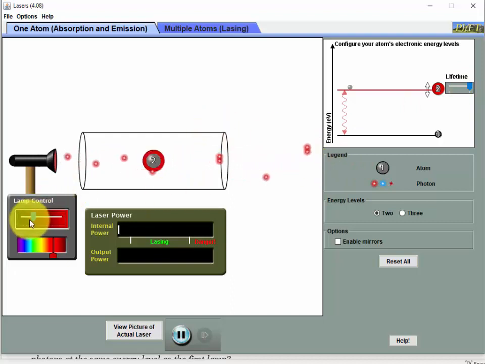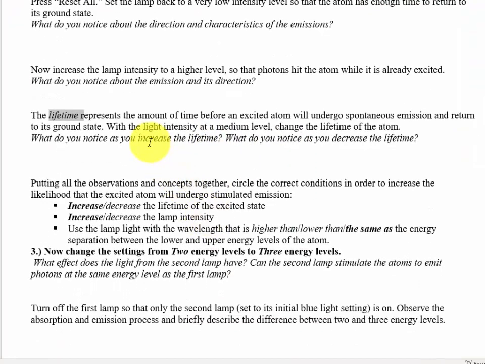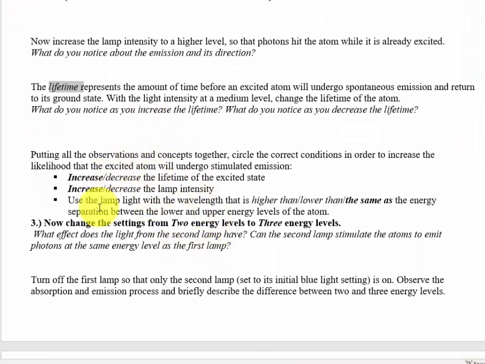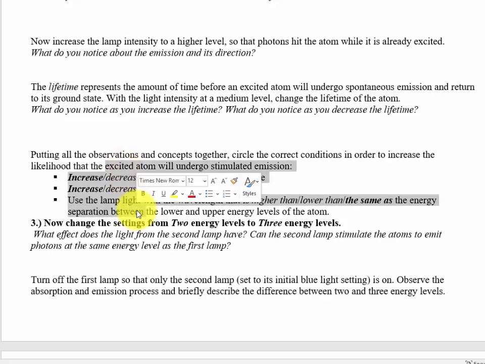I'm going to turn this down a little bit so we can definitely see what's happening. I'm going to turn the lifetime all the way down, and you can see that it spits the photon out very quickly. The electron tends not to hang out in that excited state. So now I'm going to hit reset all, and now I've messed around with the lifetime, and you should be able to answer all of these.